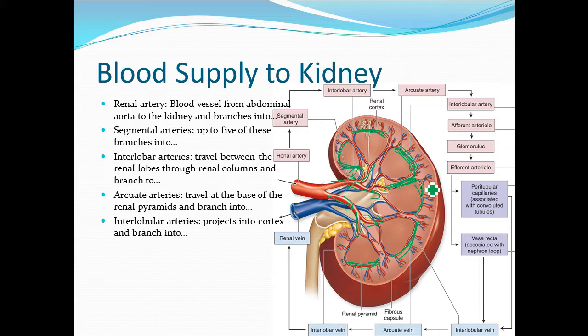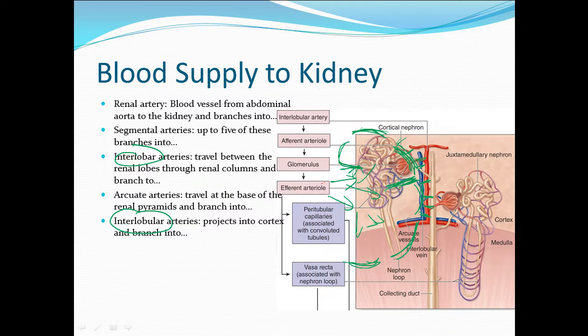So from the arcuate arteries, now we have these very smaller blood vessels called the interlobular arteries. Just be careful with the terms, right? There's the interlobar arteries. Now we're at the interlobular arteries. And from the interlobular arteries, now we go into more of the microscopic aspects of it. So we have the arcuate artery over here.